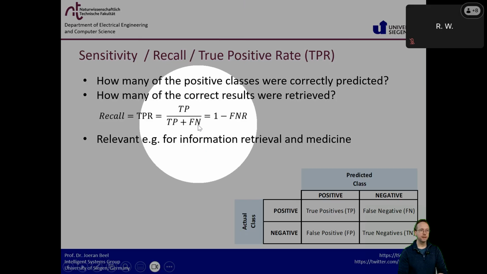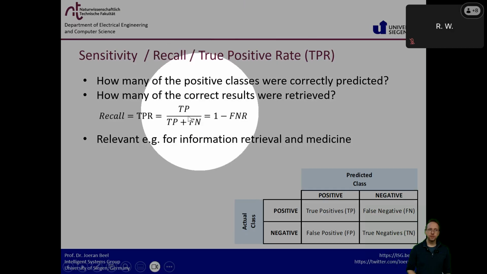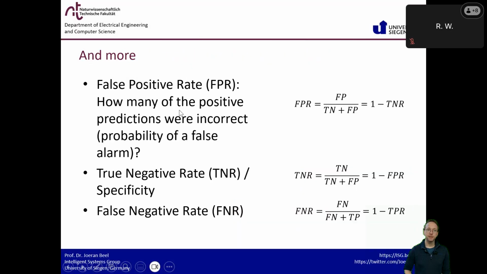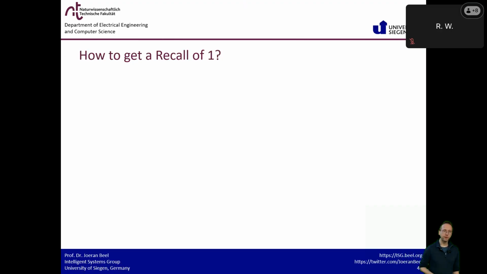So false negatives. If you avoid predicting anything as negative incorrectly, then you will have a recall of 1. If you just do not predict anything as negative, that means you will have all the positive classes correctly predicted as positive. Or as you just said, indeed, predict everything as positive. Then you have a recall of 1.